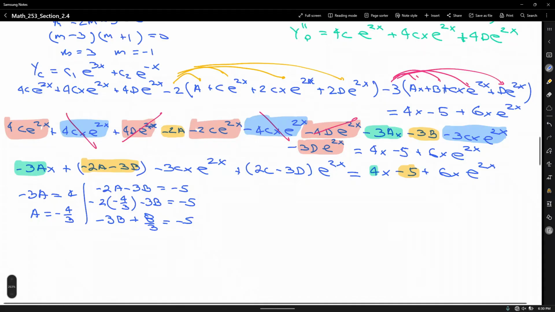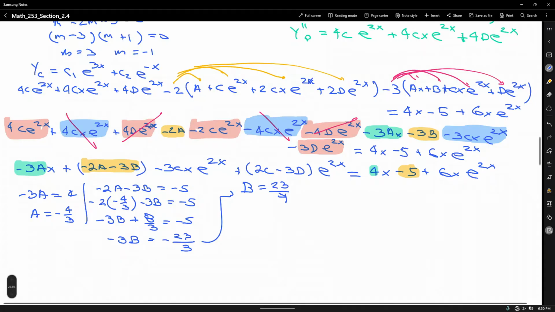All right, so that'll be negative 3b equals, you can use your calculator for these, negative 23 over 3. And dividing both sides by negative 3, negative over negative is positive. The denominator becomes a 9. So b equals 23 over 9.